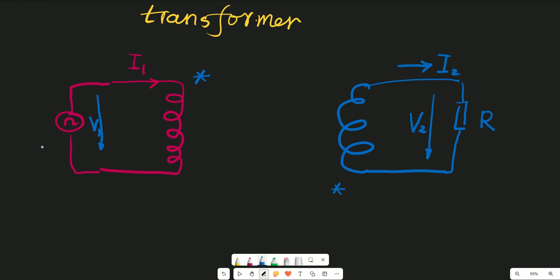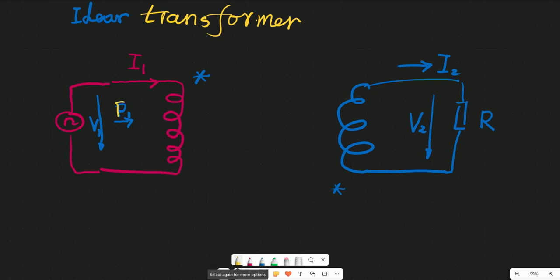In this case, if it is an ideal transformer, the primary will offer a power P1.